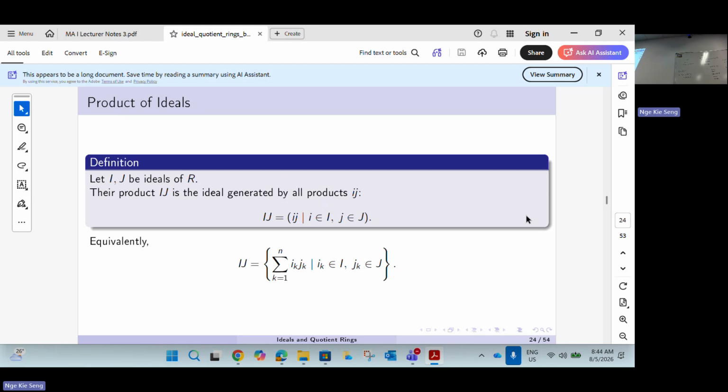Product of ideals is one, not an ideal. If you just take the product of IJ, then it won't be an ideal. You need to be generated by this.